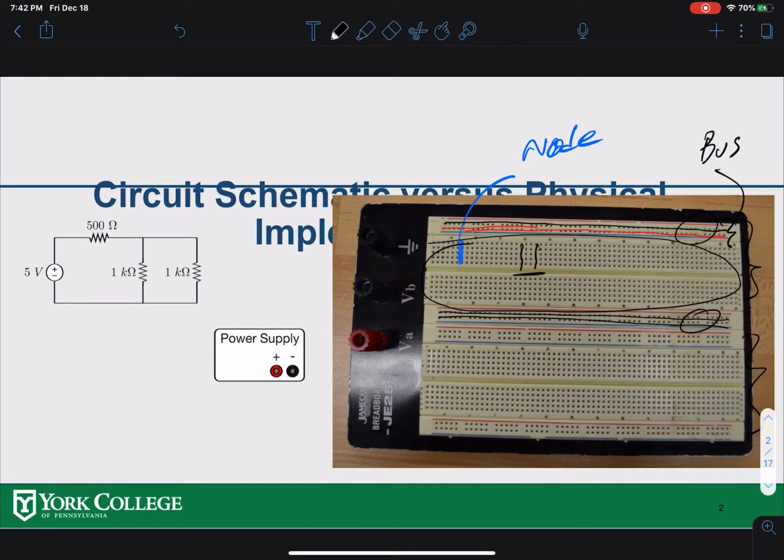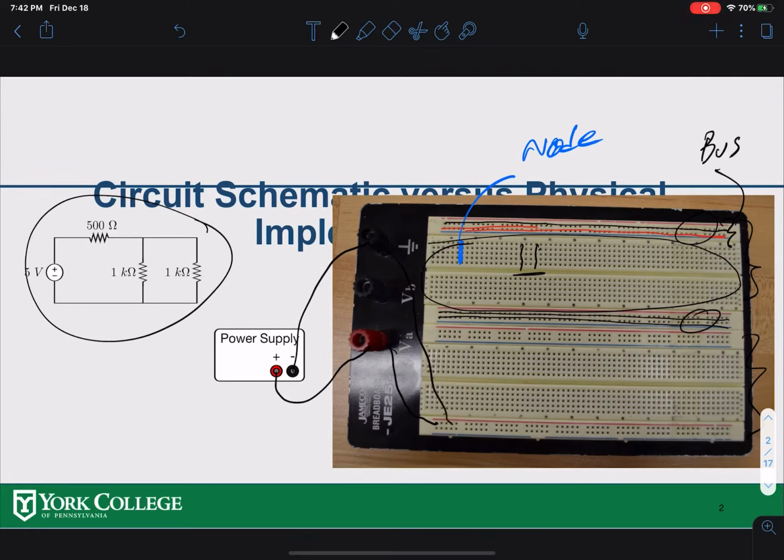To make the connection for this particular circuit in the breadboard, I have 5 volts coming in. I assume my power supply is supplying 5 volts here, so I can bring this positive supply to here, and my negative can go to the reference here. Then I can connect from here to, let's say this side is positive over here, and I can connect this one to this side over here.